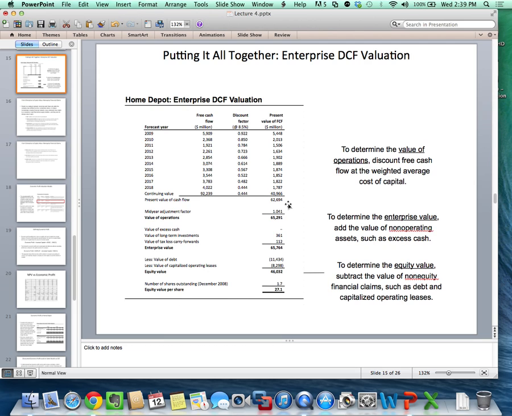Now, again, it's a nuance, but an important one. If you look at the debt, $11,434 billion of debt was the debt that was actually on Home Depot's balance sheet at the time of the valuation. However, many of you will get jobs working for accounting firms like PwC and Ernst & Young, KPMG, etc., and you will get paid a lot of money by the accounting firms to help companies hide their debt.